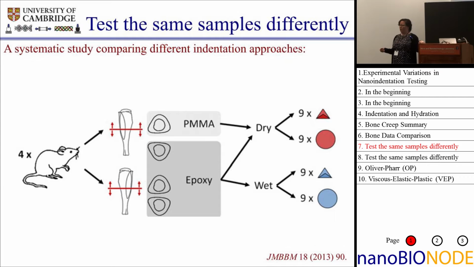So we have some mouse bones, and we're going to take the same samples of bone, and we're going to treat them in these different ways, test them in these different ways, analyze the data in these different ways, and see what we get. So the very first thing that we did here was we took samples that were dry and that were fully hydrated, and we tested them with a Berkovich indenter and with a spherical indenter.